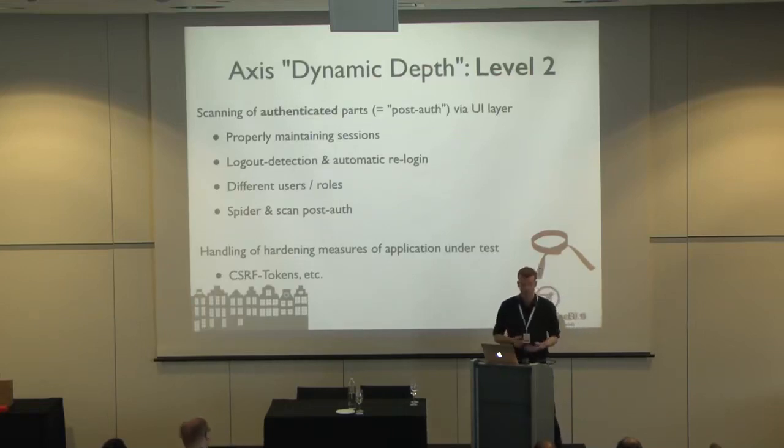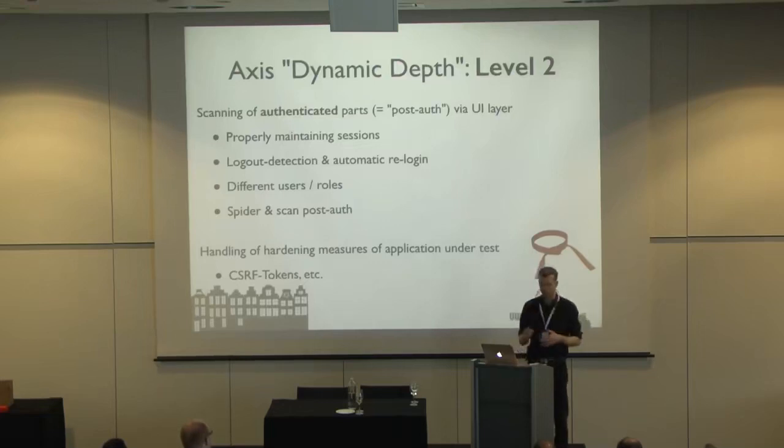So for this to be usable, with the tool setup we use during the build automation, we need to properly maintain session state. Also, we need to have a way of logout detection so that during the spidering or scanning, if the tool, for whatsoever reason, gets logged out, it first detects that, and then it automatically logs in again and continues where it has left off.